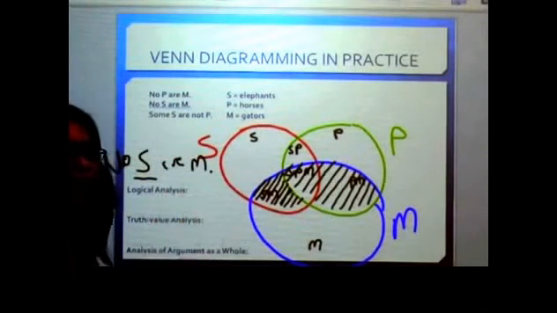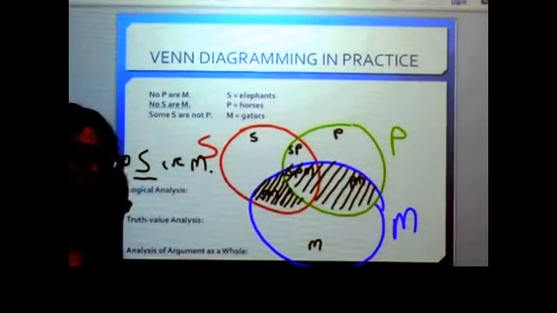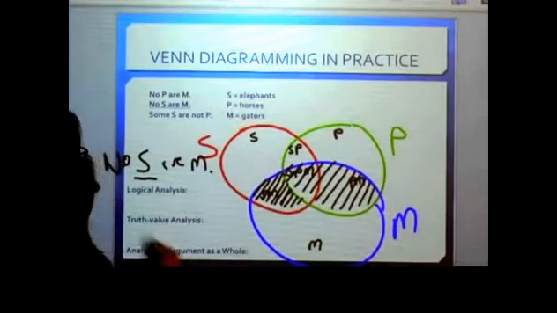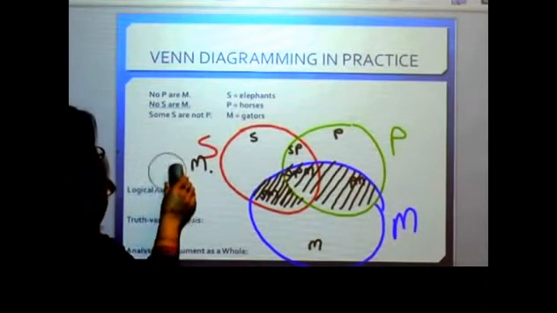And now we want to check, is it the case that this is a valid argument or an invalid argument? And to do so, we want to look at the conclusion.